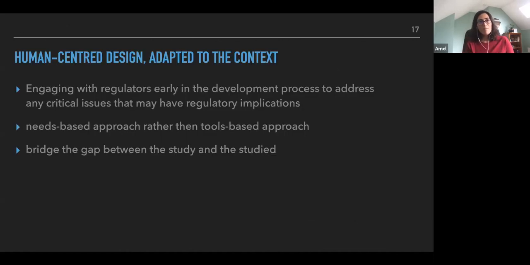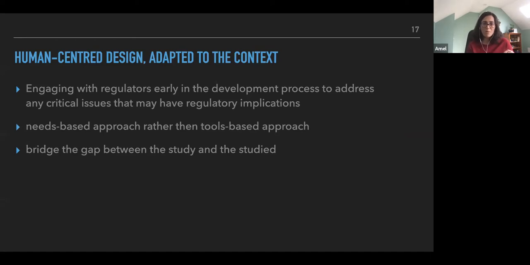So a way to think about this is to have the design be human-centered and very adapted to the context, and try to have an approach that is based on understanding the needs of a given population, instead of trying to have an approach that is based on tools that we try to adapt to a certain context.